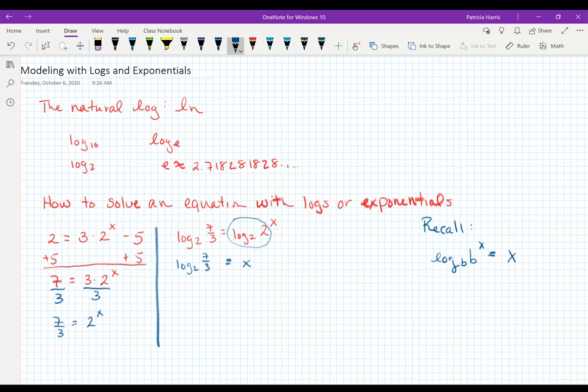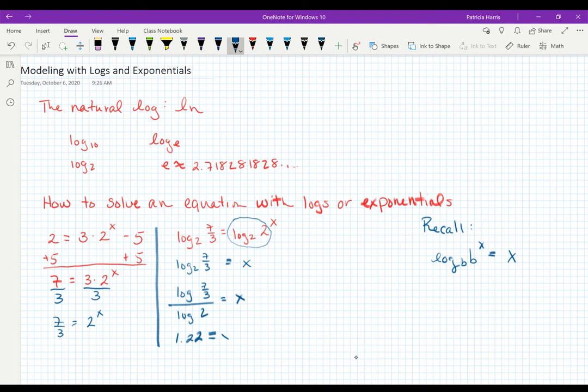And that's really easy to do. It's a formula. You're going to go log of 7 divided by 3 divided by log of 2. And that's going to give you your x. So I'm going to go ahead and type that in. And I get 1.22 for my x.